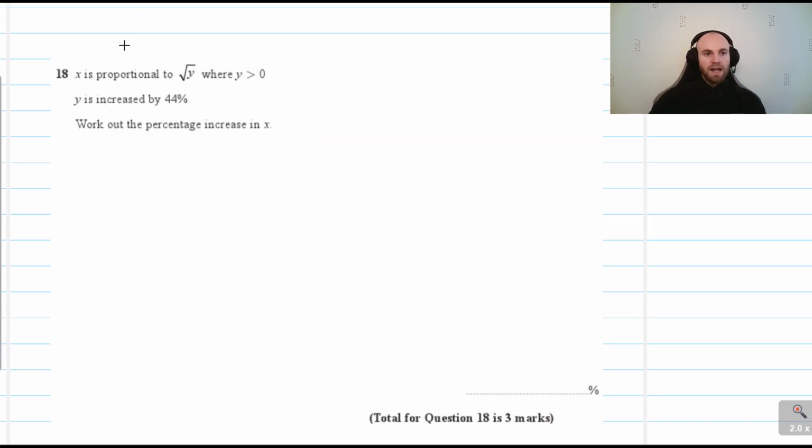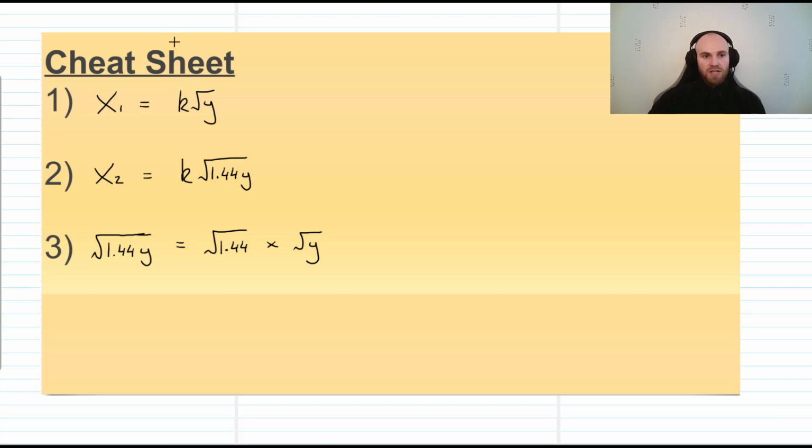Okay, so question 18. X is proportional to root Y, where Y is greater than 0. Y is increased by 44%. Work out the percentage increase in X. Okay. So if we look at the cheat sheet, x1, or the original x, when we're working with proportions, if it's directly proportional, it's going to be k root y.